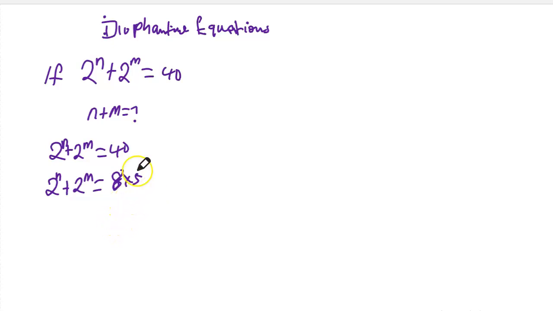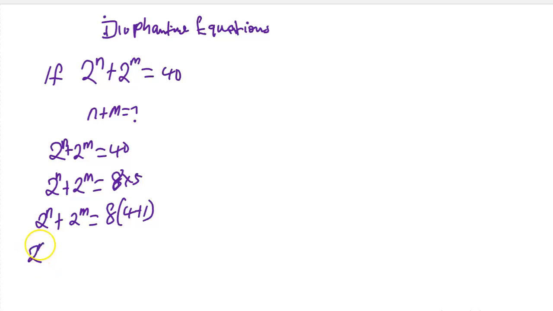I can further divide 5 by saying that it is 4 plus 1, because I know 4 plus 1 is 5. And then I can try to reduce this again. You keep on reducing this to the lowest.